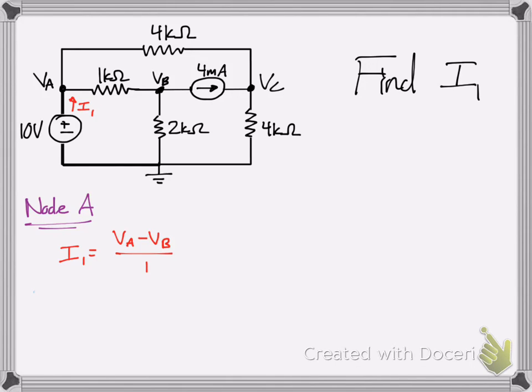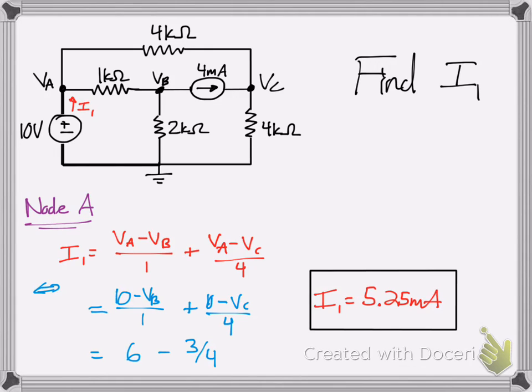We know what that current is now because I equals V over R. And then we're going to add the difference between VA and VC, because we're going to go farther there, over that 4 kilo ohm resistor, and that'll loop all the way around back to VA, where we have our I1 coming out. So just do some math there. VA is 10, and you get I1 is 5.25 milliamps.